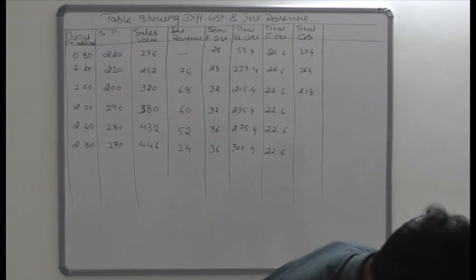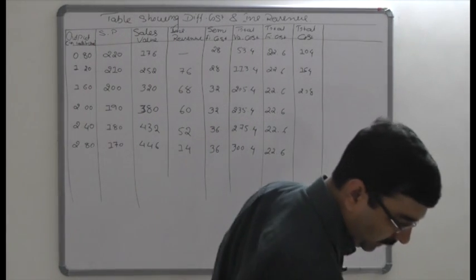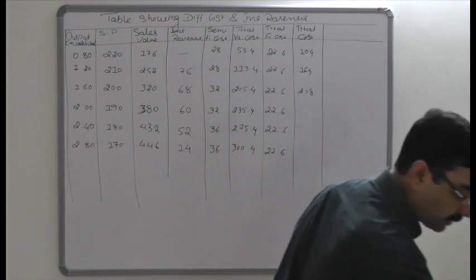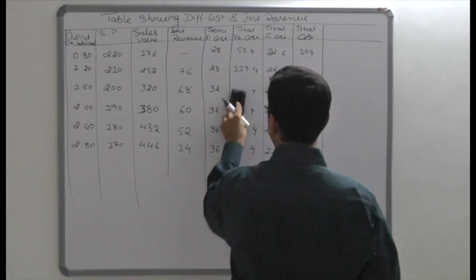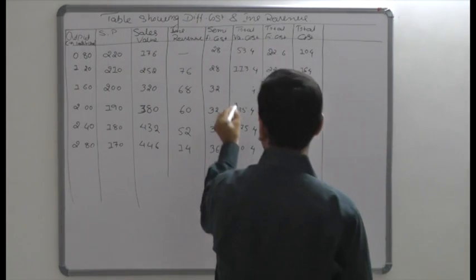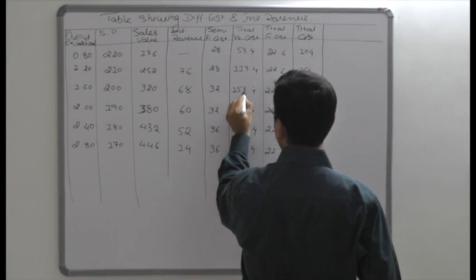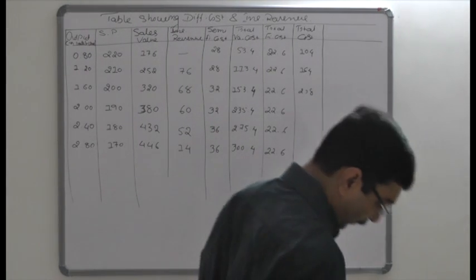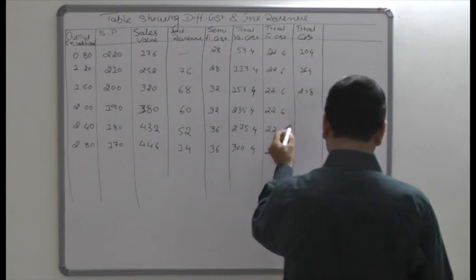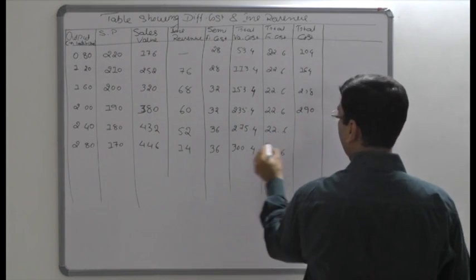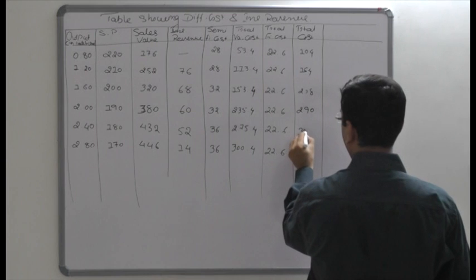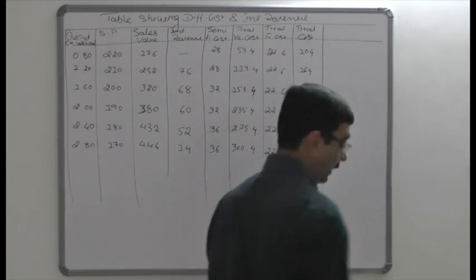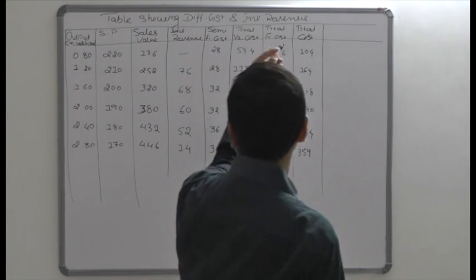This is something wrong, let me make a correction here. The correction is 153.4, and that's why it comes to 208. Then the next is 290, then 334, and the last is 359. So in this way the total cost comes.